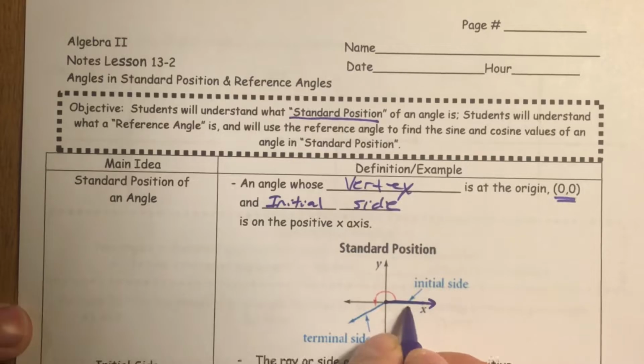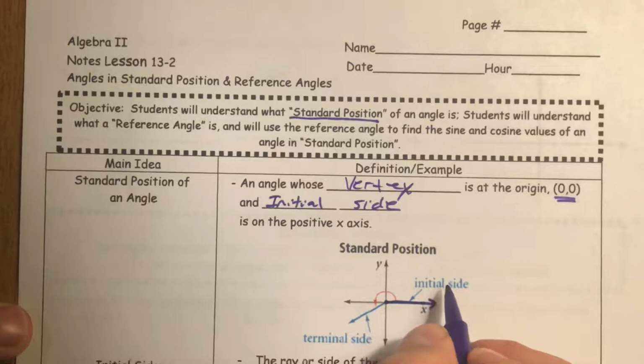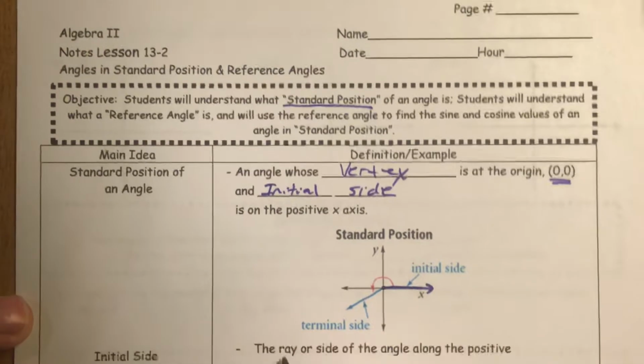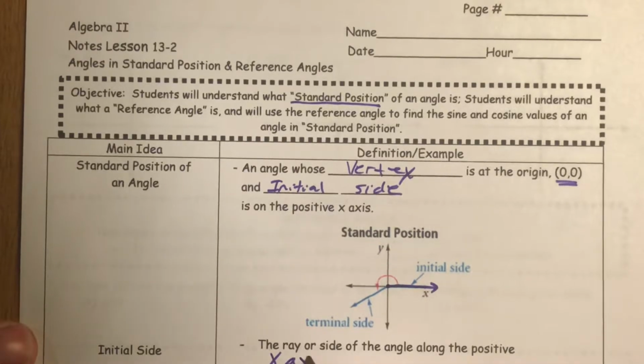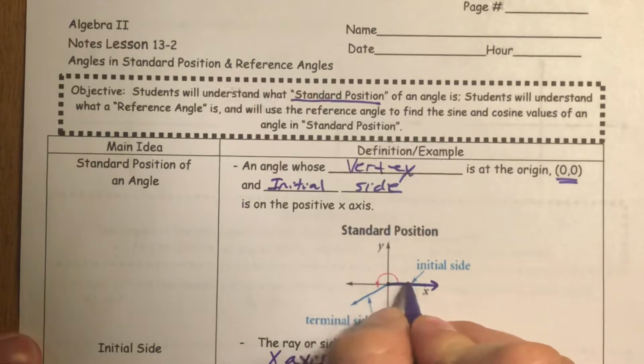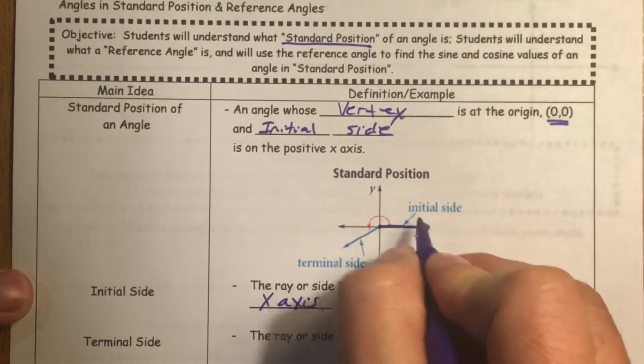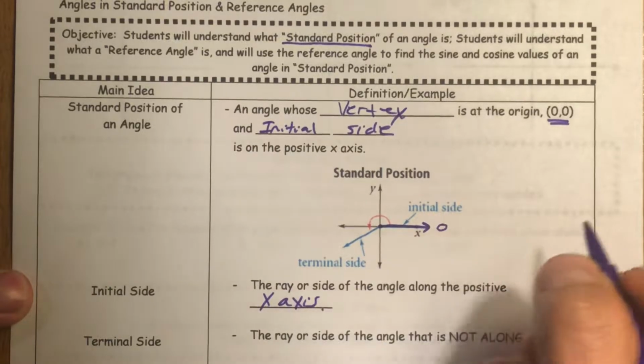This does not move. This is where the angle starts, and we're either going to rotate in a positive direction or a negative direction. If this is the initial side, first of all, let me put this down here. So this is the x-axis. Also, if we're starting here at the origin and we're going to rotate in a positive or a negative direction, we're going to start at 0.